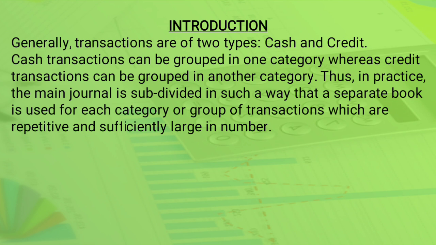For practice, the journal entries we have learned, with debit and credit, are divided into different parts. This is called subdivision of journals, and the subdivision of journals is done through subsidiary books. This is good for a business organization where we record transactions repetitively and in large numbers, because we have to maintain different types of books.